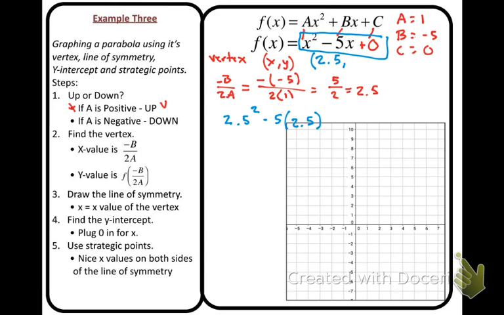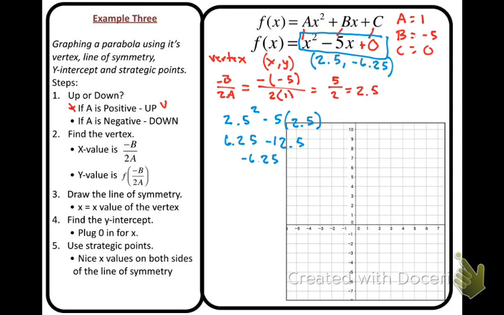So let's see, 2.5 squared gives us 6.25. -5 times 2.5 gives us -12.5. So now 6.25 minus 12.5 gives us -6.25. Okay, so our vertex is (2.5, -6.25).